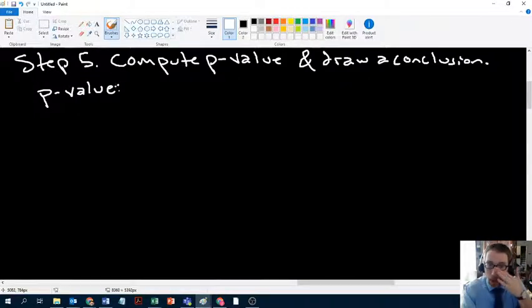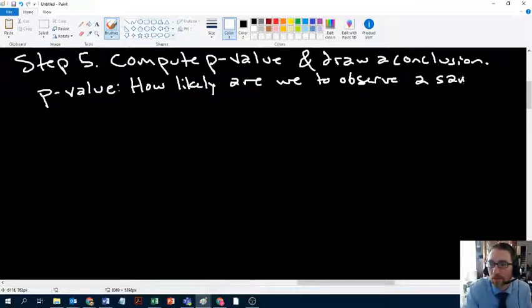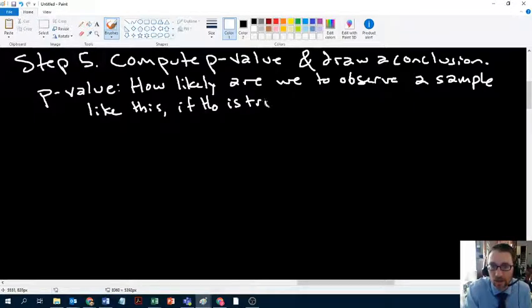This p-value is the answer to this question: how likely are we to observe a sample like this, like the one we actually see, meaning with our test statistic, if H0 is true. So under the assumption that the null is correct, how likely are we to observe a sample like the one we happen to see? And the answer is, well, it's going to depend on what the hypotheses are.